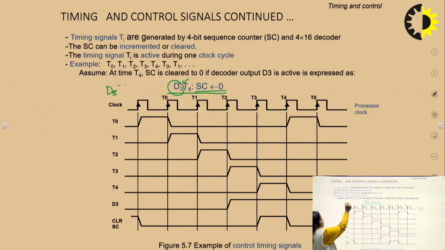If you write D5 T6: SC is SC plus 1, what does it mean? The D5 signal will be activated at time T6 clock, and at that moment the sequence counter will be incremented by 1. So we have to understand what the values of T0, T1, T2 are.